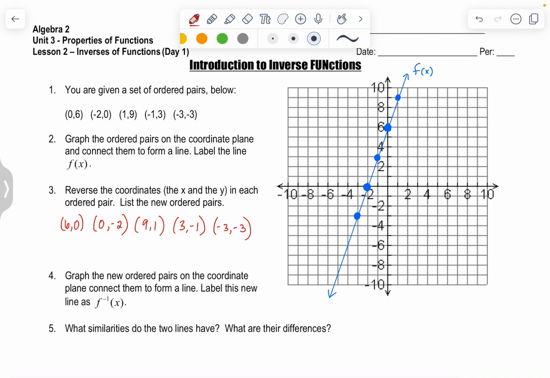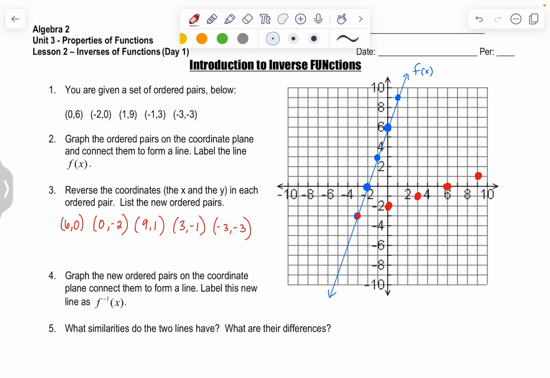As number 4 says, graph the new points. So the point 6, 0 is going to be to the right 6. 0, -2 is going to be down 2. Right 9, up 1. It's right there. Right 3, down 1. It's going to be right there. And then that point is also going to be on there.